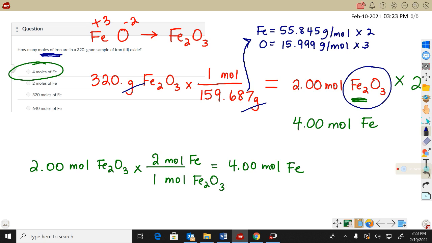Or you could have said, I've got 2 moles of iron oxide. I don't want to know about moles of iron oxide. I want to switch it to just moles of iron. And then I use the ratio from within the formula. There's 2 iron for every 1 iron oxide. Either way, I get 4 moles of just iron atoms.